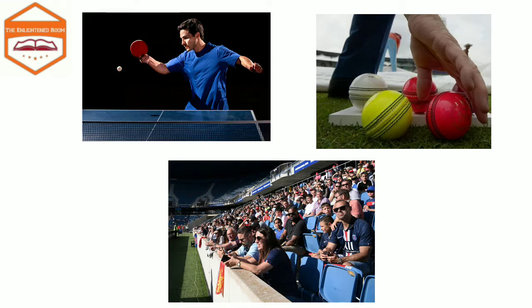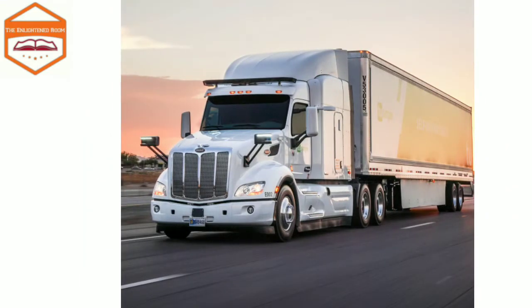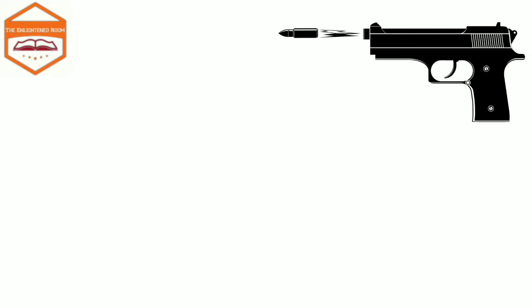Well, this is because the cricket ball is much heavier than the table tennis ball. Also, a truck moving at a speed as low as 5 meters per second may kill a person coming its way. This is again because of the heavy mass of the truck. Again, a bullet of small mass fired from a gun may kill a person. Well, this is because of the large velocity of the bullet.